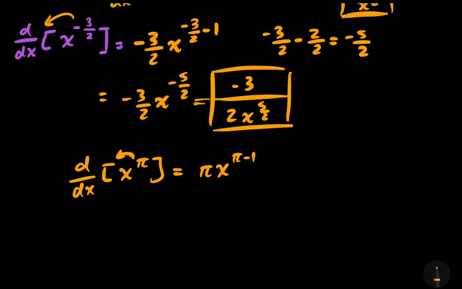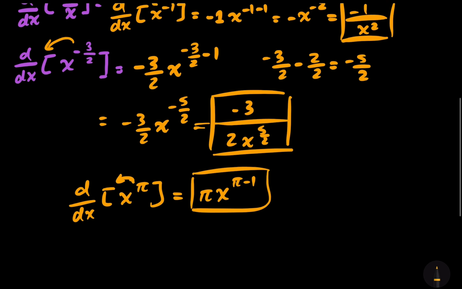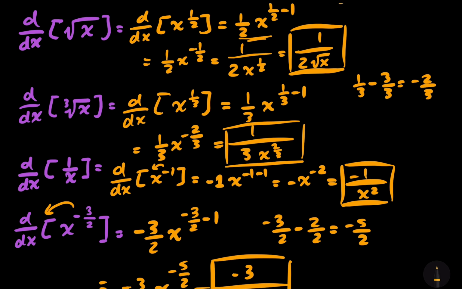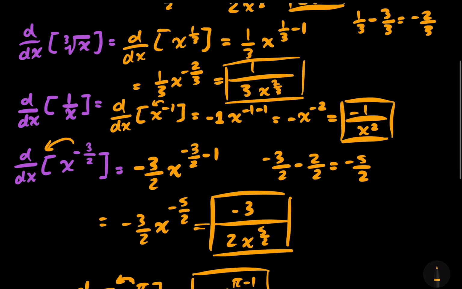We don't need to approximate that. We can just keep it in this form. So this is always going to hold regardless of what real number you input as the exponent. And we can use that to derive the derivatives of different functions such as the square root function, the cube root function, and of course the reciprocal function.